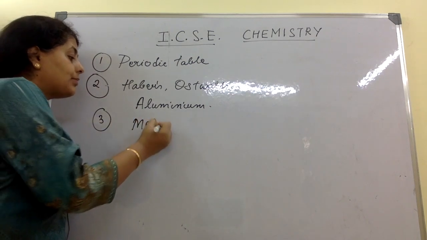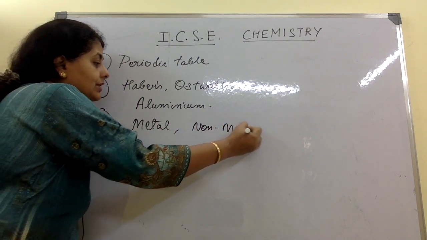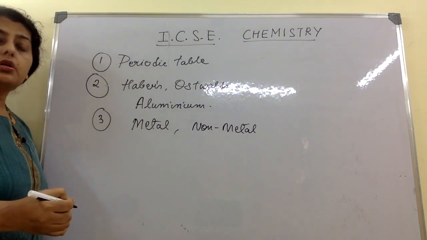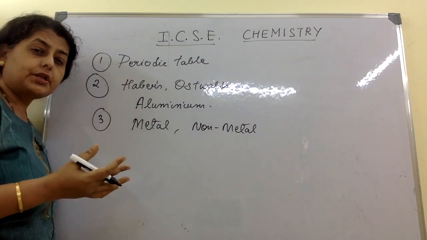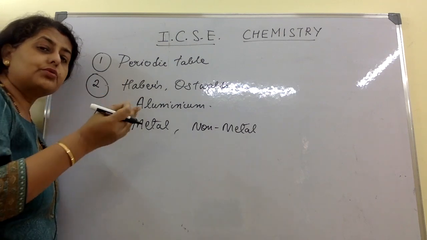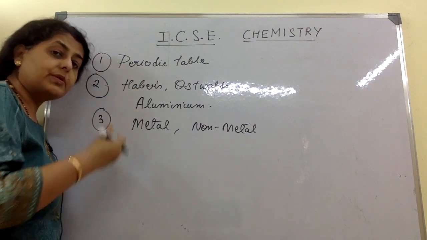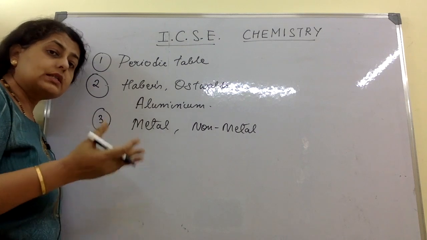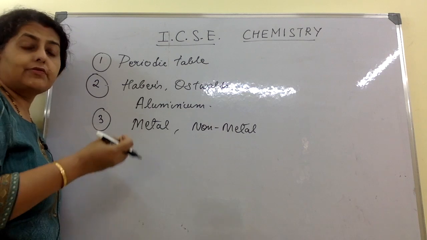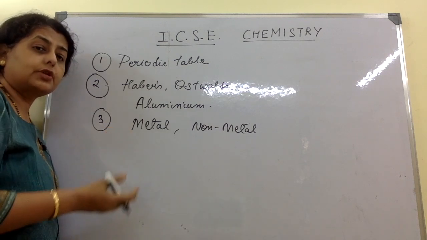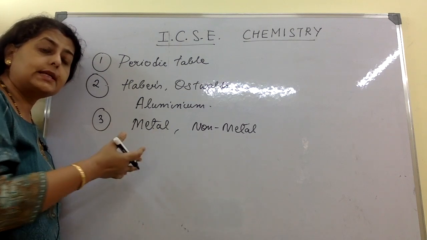Now remember one thing, chemistry is not about you do metals, you do non-metals, or you did hydrogen last year and you forget about it, or you did nitrogen last year and you forget about it. Chemistry has to be remembered all together. Just like in maths, if you have gone to 10th standard, it doesn't mean you can forget your 8th standard maths, or your 9th standard maths. Everything is useful. Same thing here.